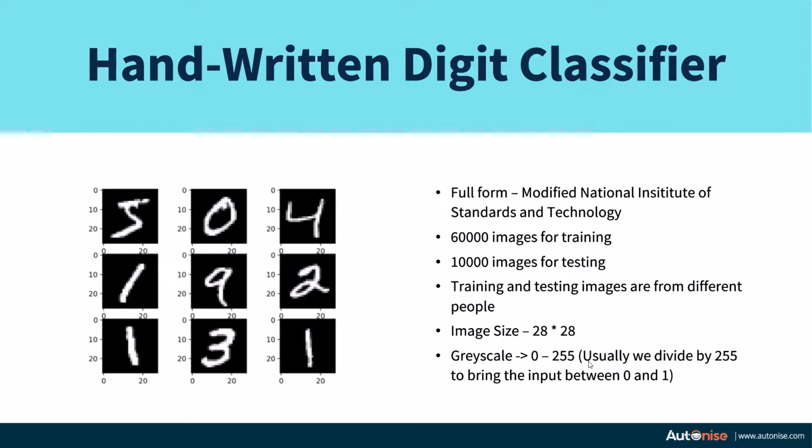But when we are training our neural networks, we divide the value of the pixels by 255 and bring the input between 0 and 1. That is how we usually train our neural networks. Sometimes we even subtract 0.5 from the input to bring the input range between a negative number and a positive number, so that the neural network has better training.